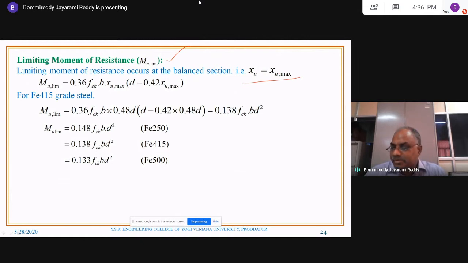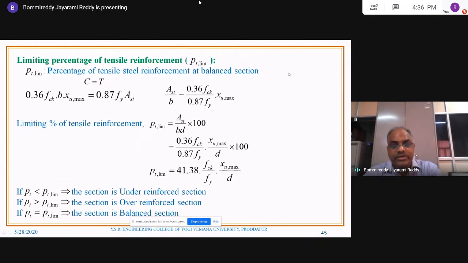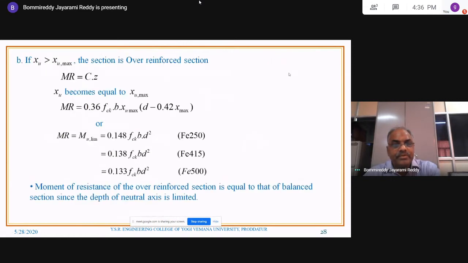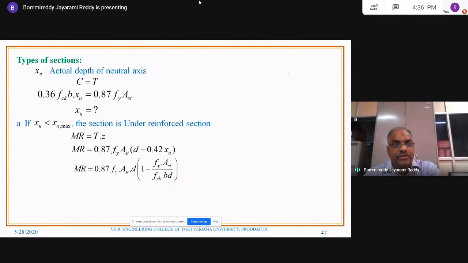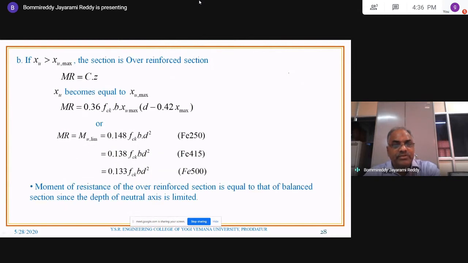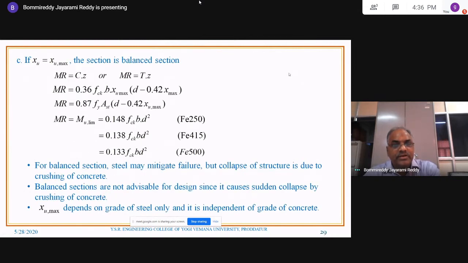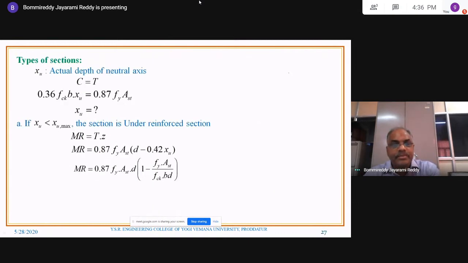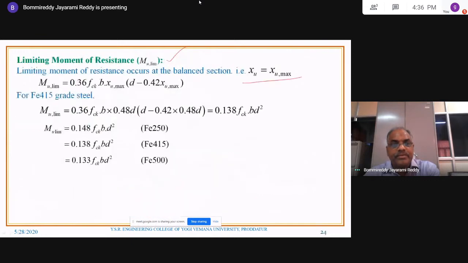So what are the formulas that are there here? I'll tell you the various formulas in general. This is now the moment of resistance.